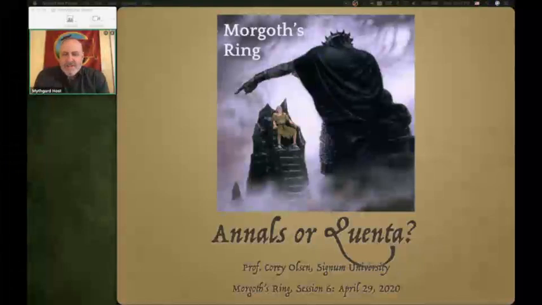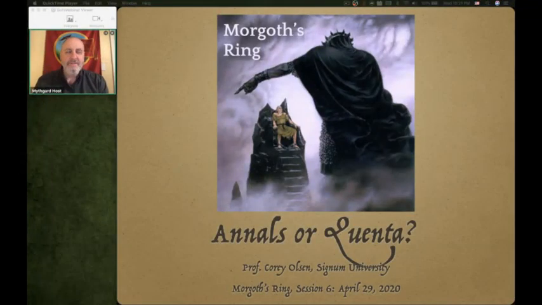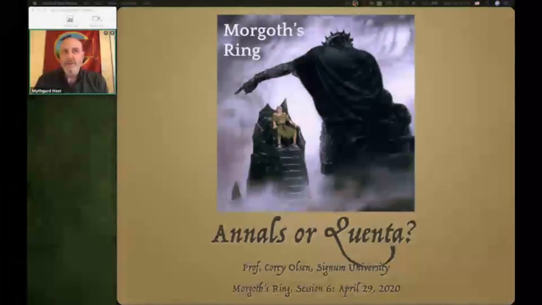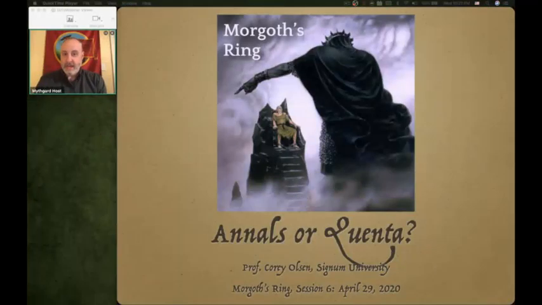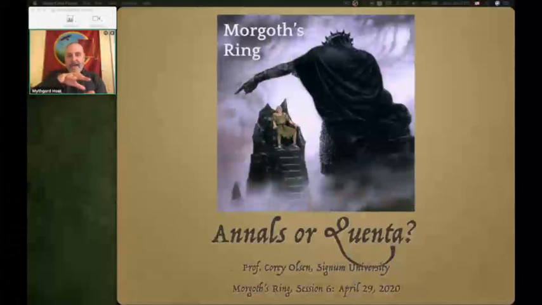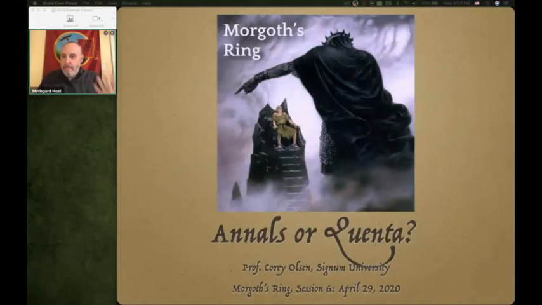Like, there's got to be a reason why you do that, right? I mean, if it were a matter of two totally different narrative styles, if you really were writing a set of Annals and then really were writing the Quenta Silmarillion, again, back in 1937, he was going to include both of those things as separate parts of the overall Silmarillion package, right? And that seemed to be his plan. So that he started revising both of those is no surprise because that was the original plan.